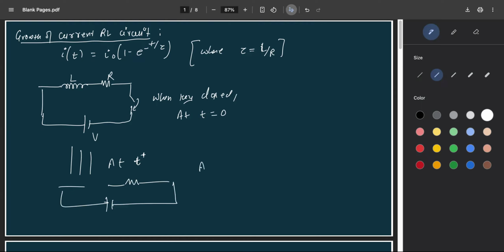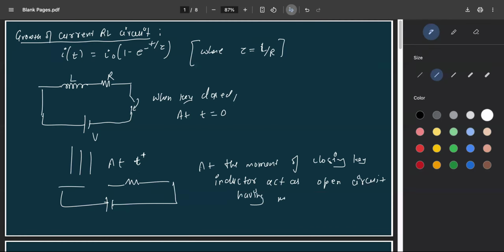At the moment of closing the key, the inductor acts as an open circuit, having maximum reverse potential, okay?